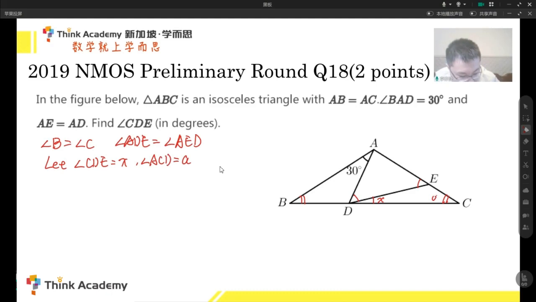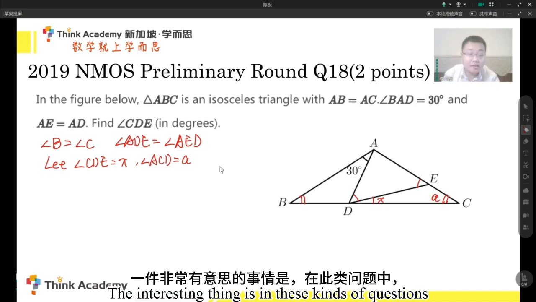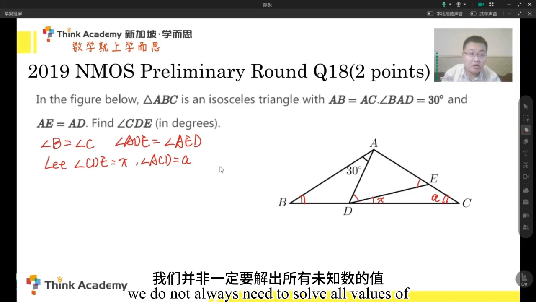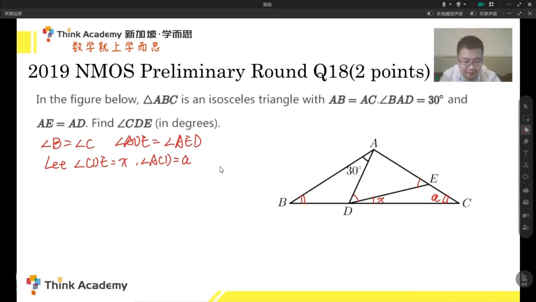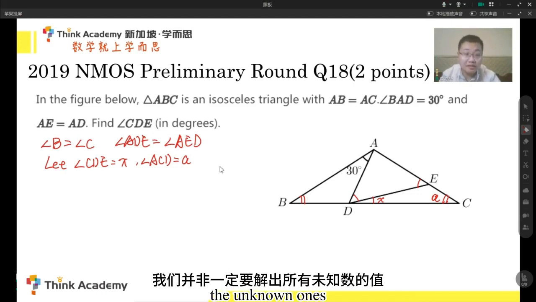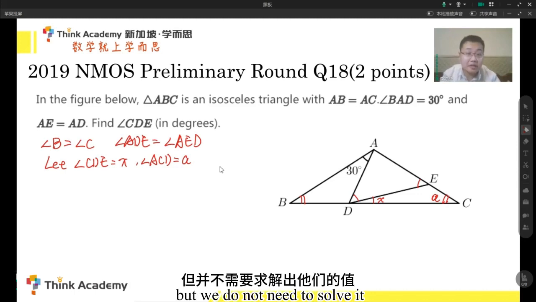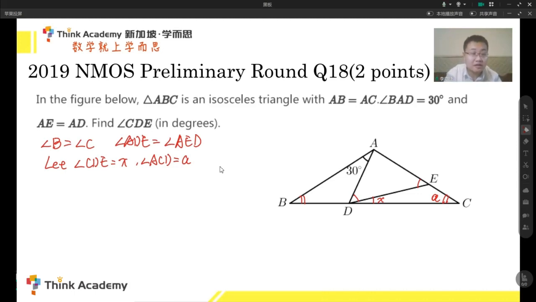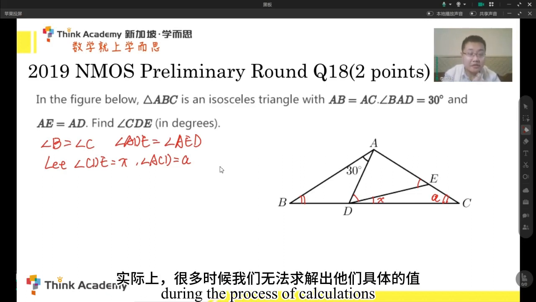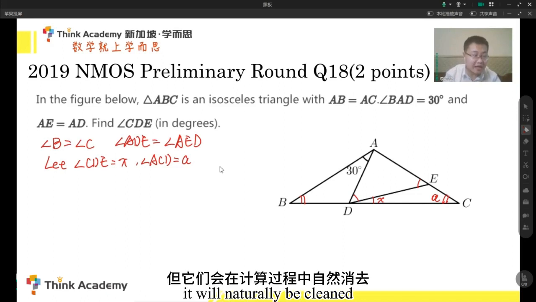Let it be A. The interesting thing is, in this kind of questions, we do not always need to solve the values of all unknown ones. Sometimes we just use A, B, C to represent an angle's value, but we do not need to solve it. Actually, we cannot solve it. During the process of calculations, it will naturally be cancelled.